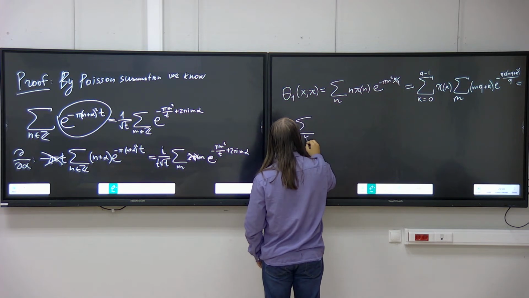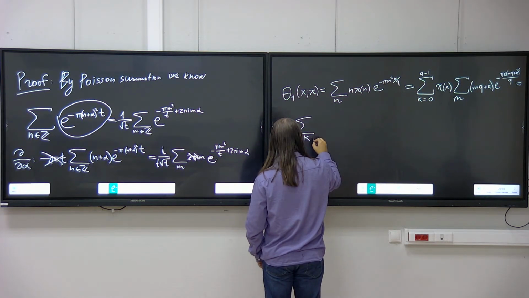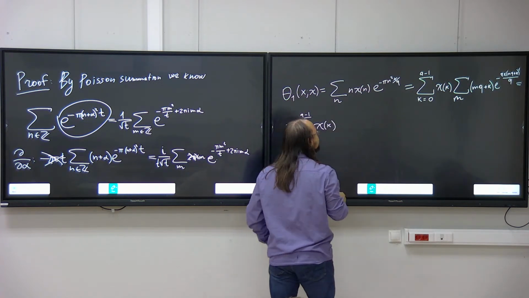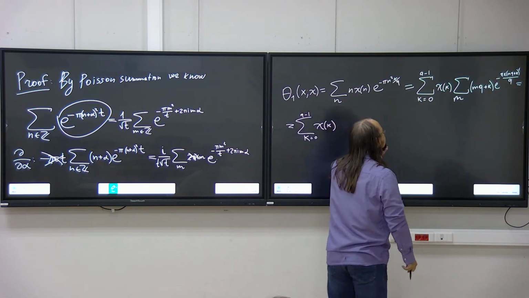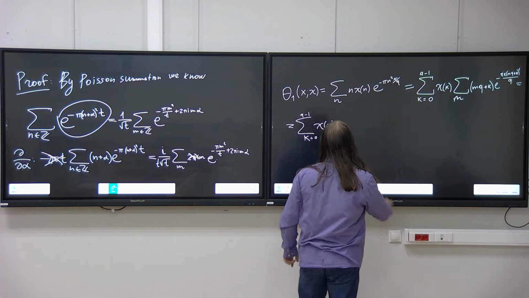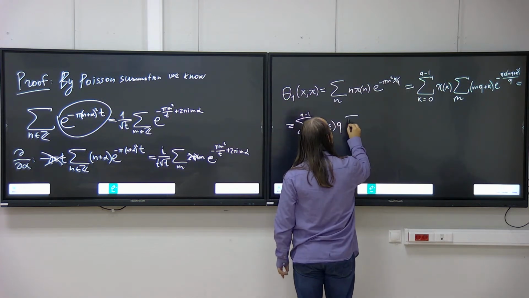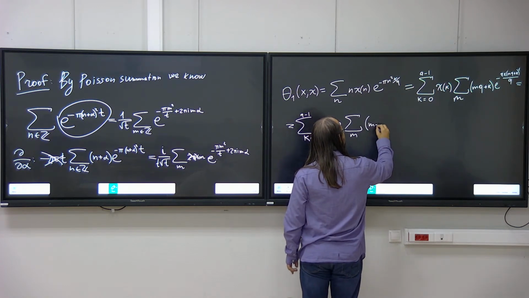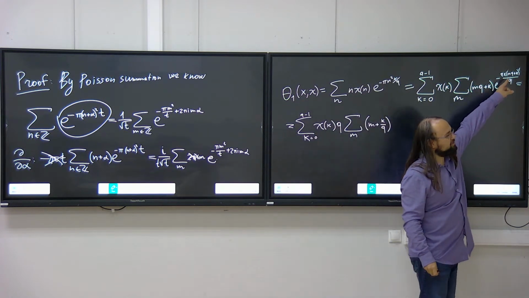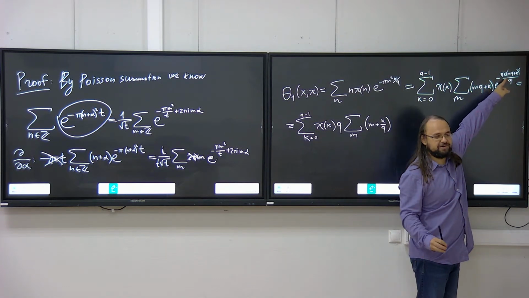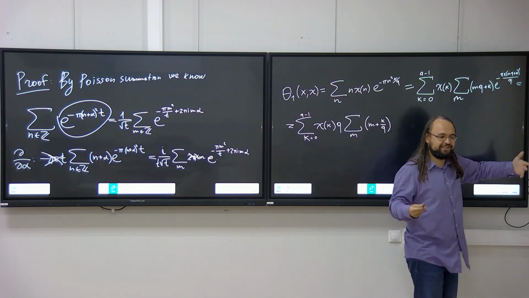So this is equal to the following. This is the sum of all k mod q, chi of k. Then let us divide by q. We are going to get q outside, and then you get the sum over all m of (m plus k over q), multiplied by, here you should also divide by q. Then you get q outside of your square, you get q squared, and then divided by q.